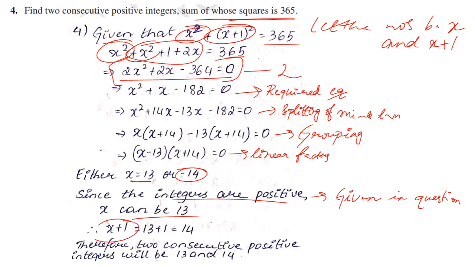So x plus 1 is nothing but 14. Therefore, the consecutive positive integers which are required are 13 and 14. Got it? Clear? Yes.